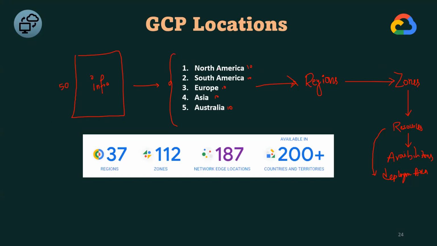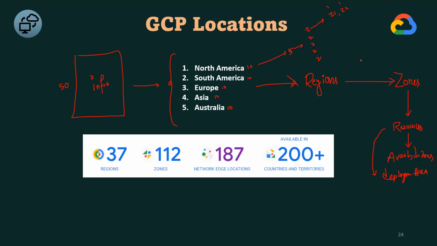For example, in North America, assume you have 4 or 5 regions. Each region has zones, and again, it will have a minimum of 2 zones. Zone 1, zone 2. That means here resource 1, here resource 1. So that is how this division will be done.